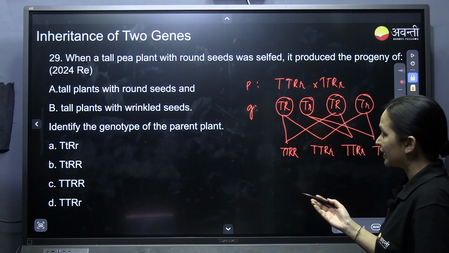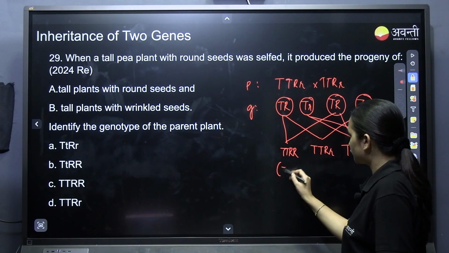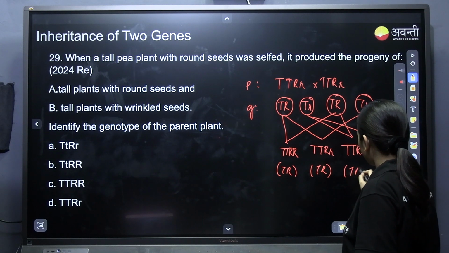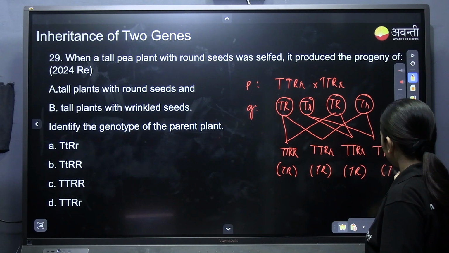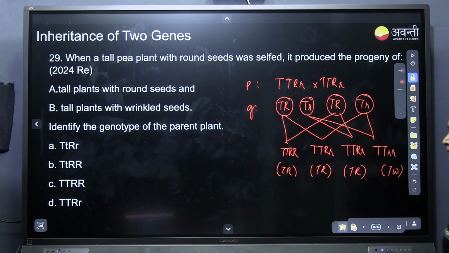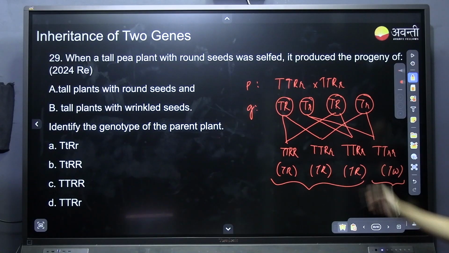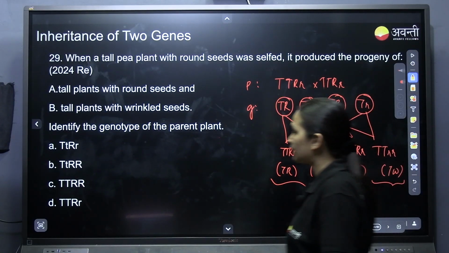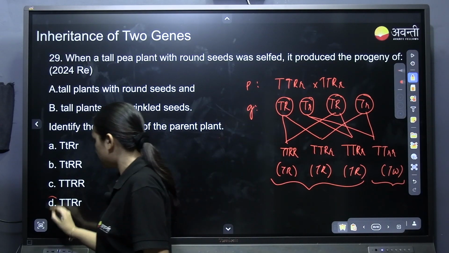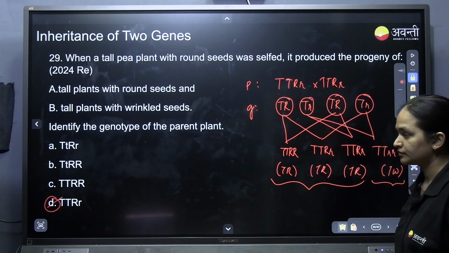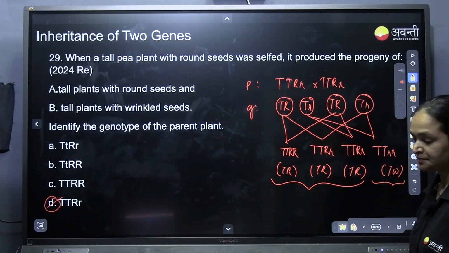So we got tall round, tall round, tall round and tall wrinkled. They have given only two things, that is tall round and tall wrinkled. So the genotype of the parent could be option D. Understanding? Any doubts?